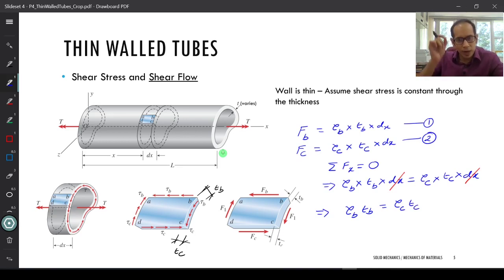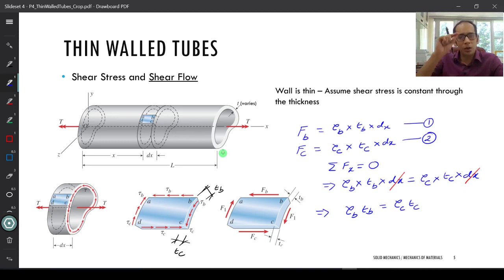I had taken two random points B and C, on this quadrilateral element A, B, C, D, and what I am seeing is that the product of the shear at B times the thickness at B is equal to the product of the shear at C times the thickness at C, right? So B and C could have been anywhere.